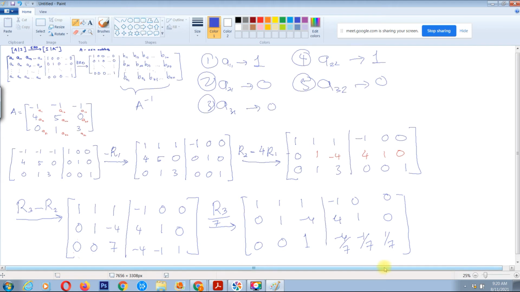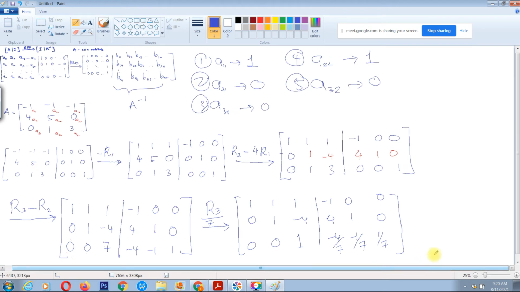So now, make this 0. We want to change R2, so R2 we want to make it 0. So R2 plus 4R3.